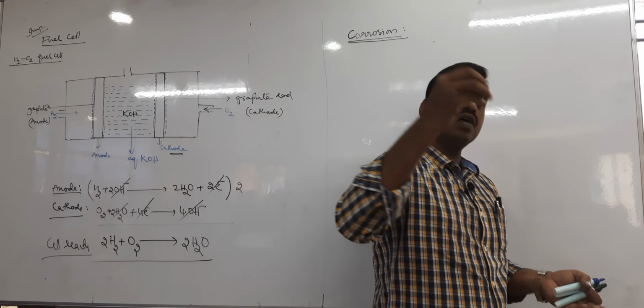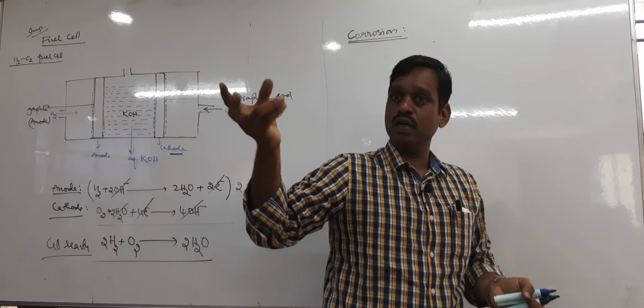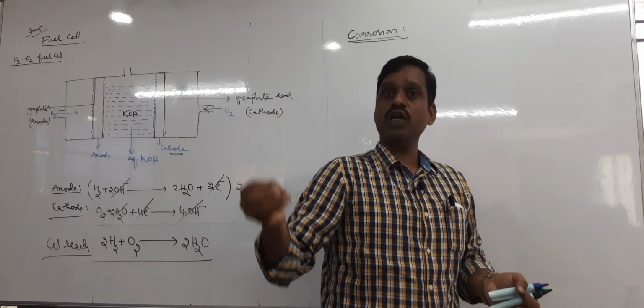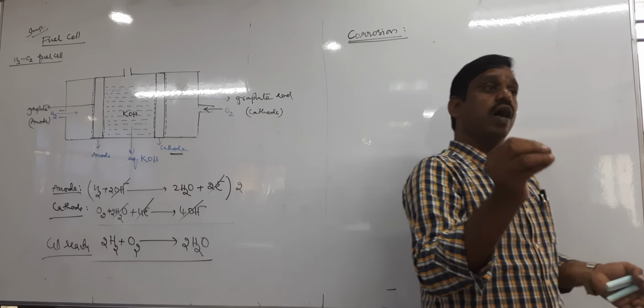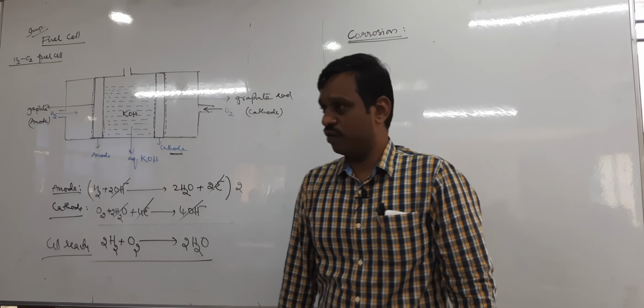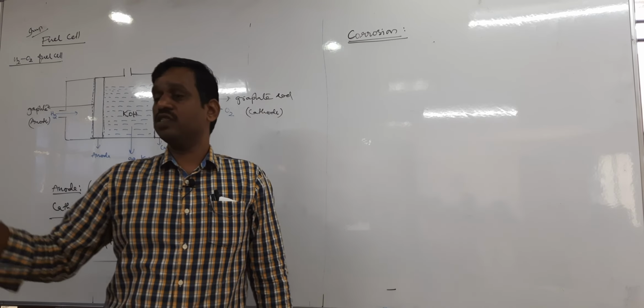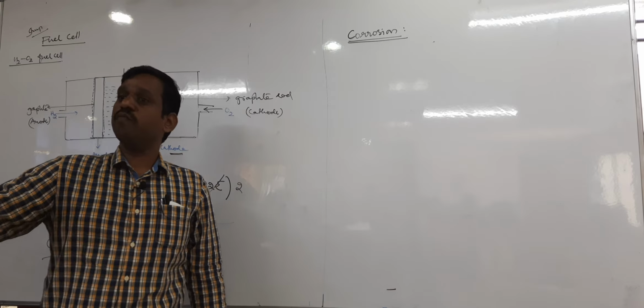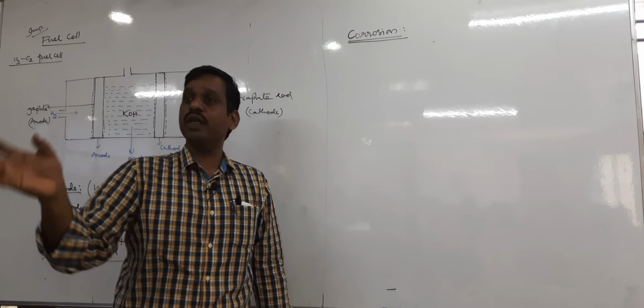In the presence of these environment constituents, metal converts into its undesirable product. So this phenomenon is called corrosion. Therefore, corrosion is the process of slow conversion of metal into its undesirable product.